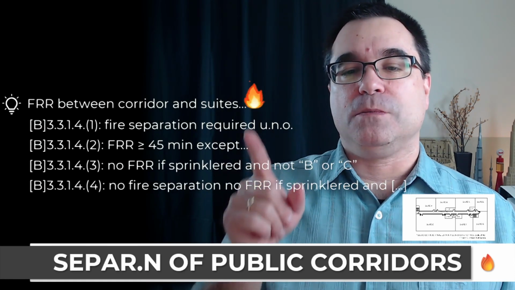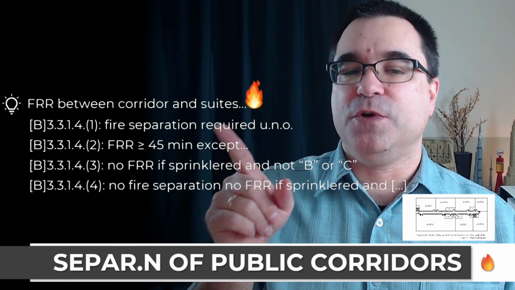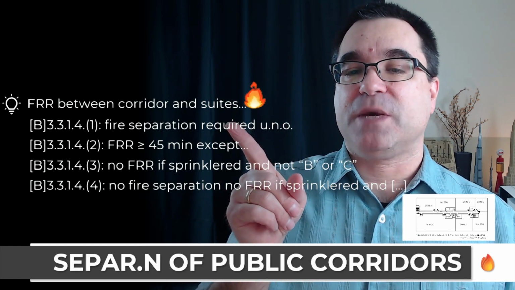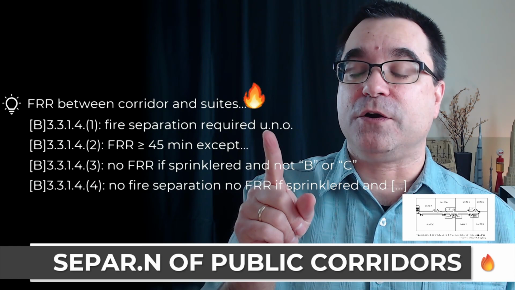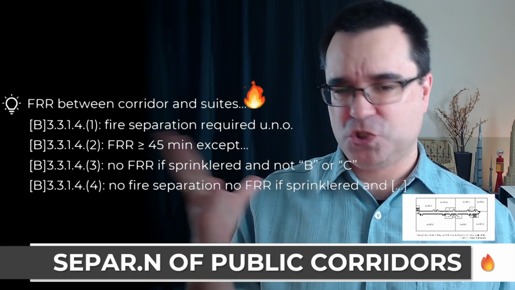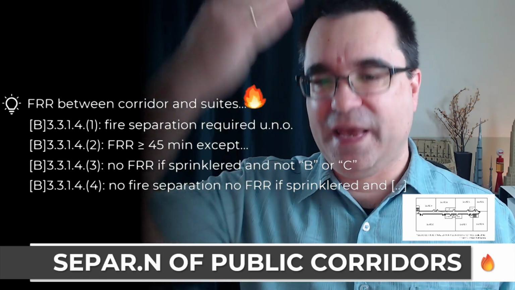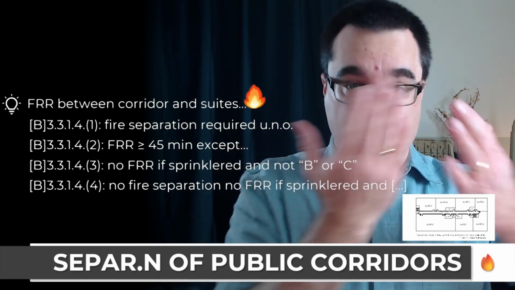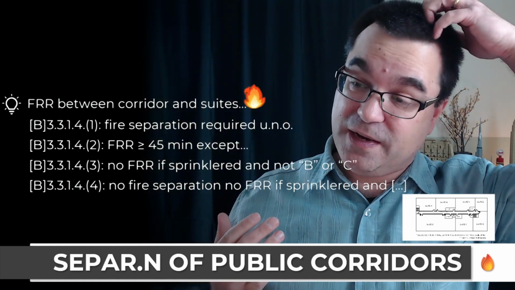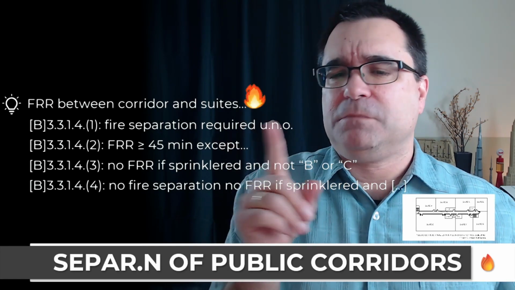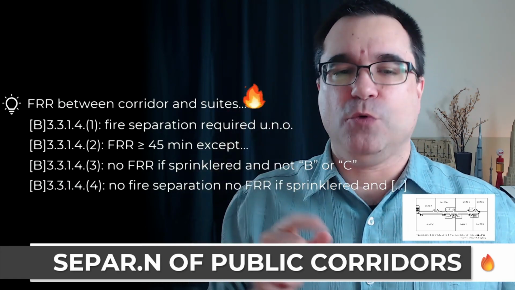In general terms, under sentence 3.3.1.41, a fire separation is always required unless noted otherwise. Okay, so the general rule of thumb is between any suite and a public corridor, those must always be made, designed and built as fire separations. Okay, there are some exceptions that we're going to get to in a moment.